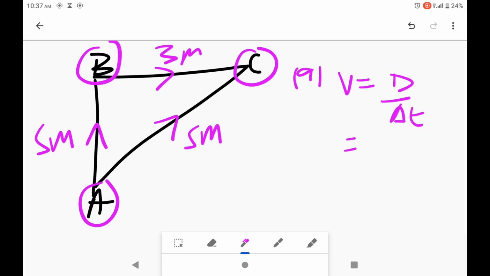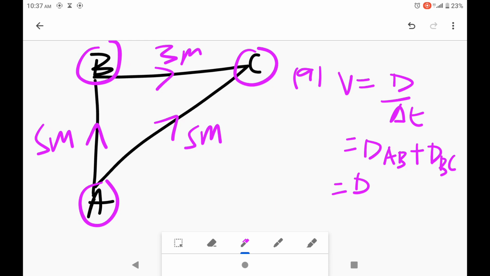So what is D? D is the distance traveled. This person is cycling from A to B and then to C. We need to find the distance from A to B plus the distance from B to C. So the total distance must give you 5 plus 3, which is 8.